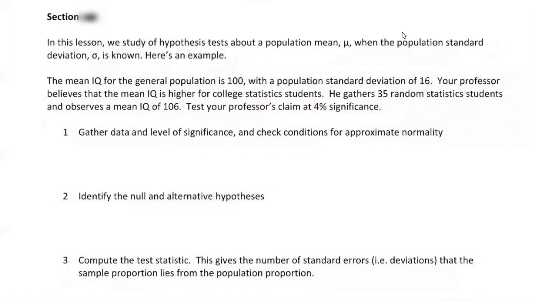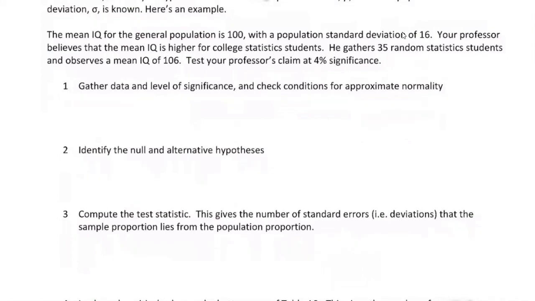So that is a little higher than the average. But I'm talking about all college statistics students, not just these 35. So 106 is fine, but is that within the margin of error of the normal average? Well, we'll have to see. So we're going to test my claim that I think that the mean IQ is higher than 100 for my stats students.